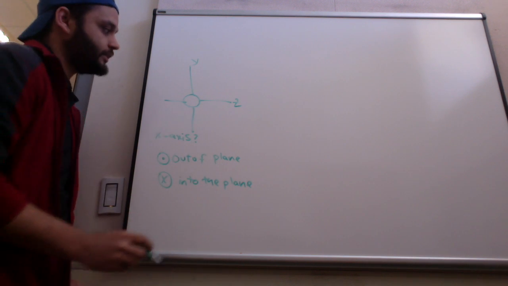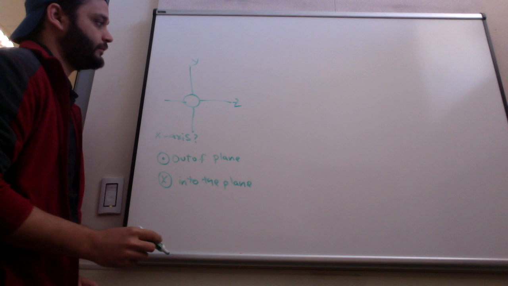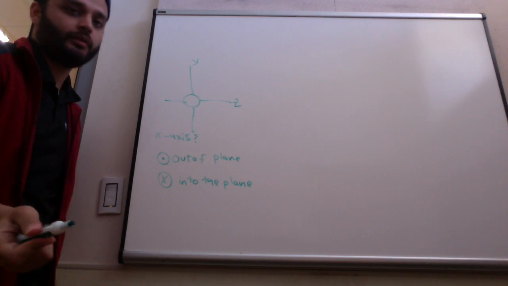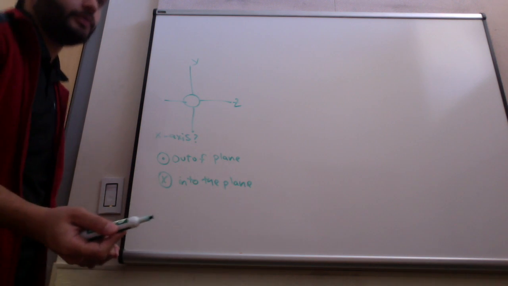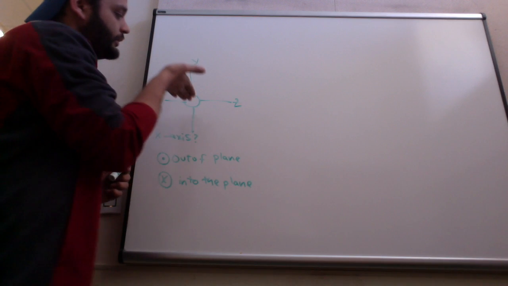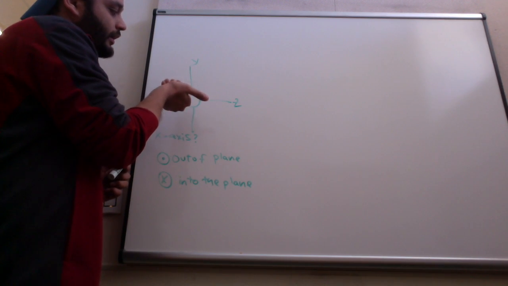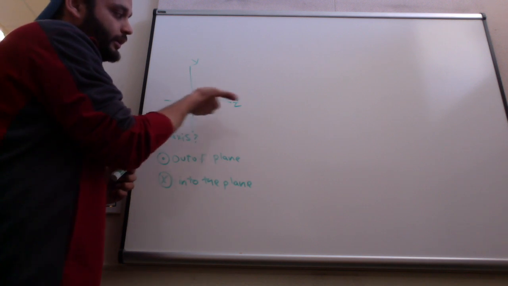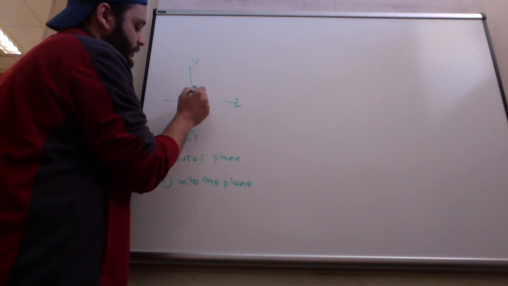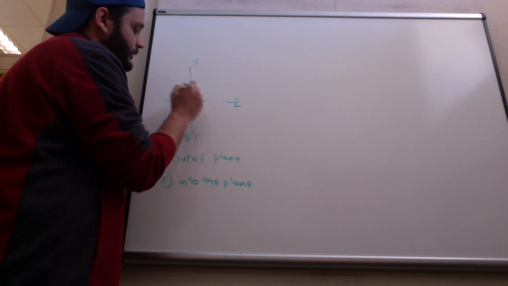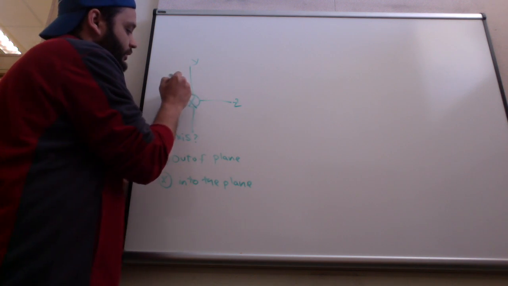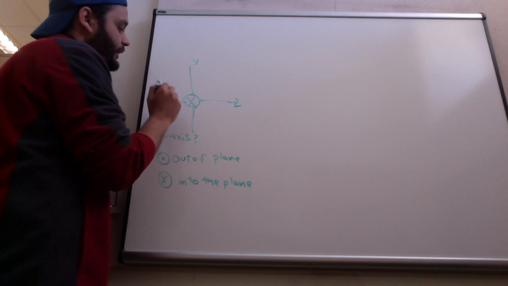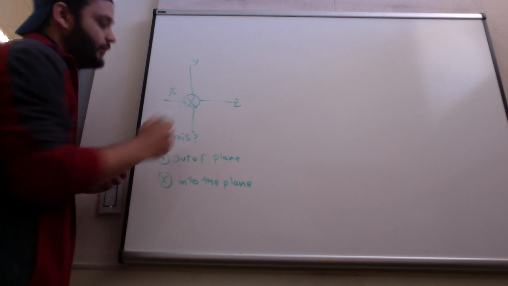You can pause the video right now for a few seconds, and then I'll be explaining the solutions. Then you go into the plane with x, curl in y, and your thumb is pointing towards the z direction. So that is into the plane. So this is your x-axis going into the plane.